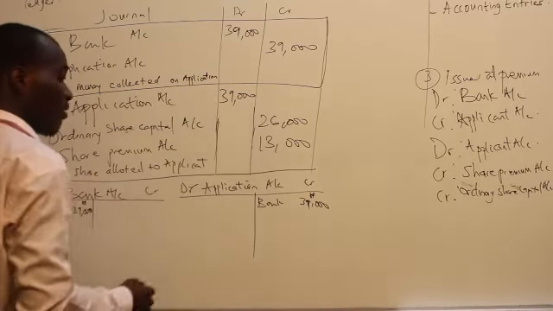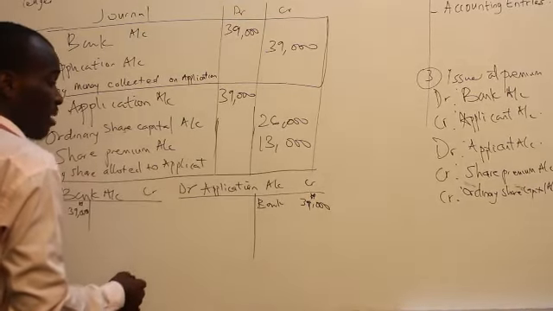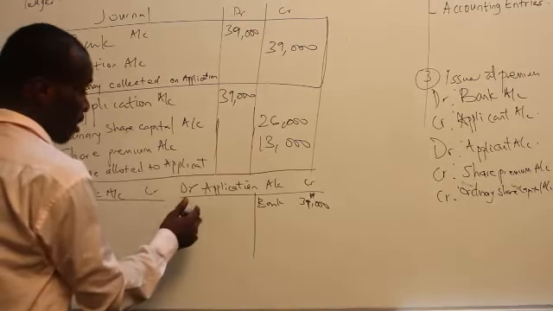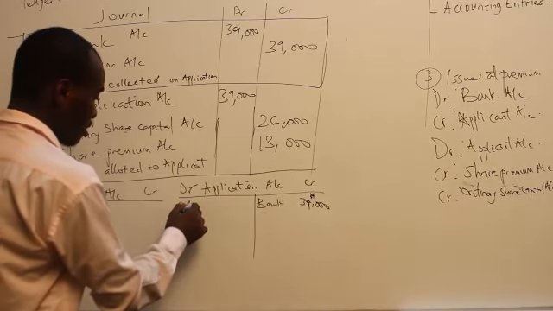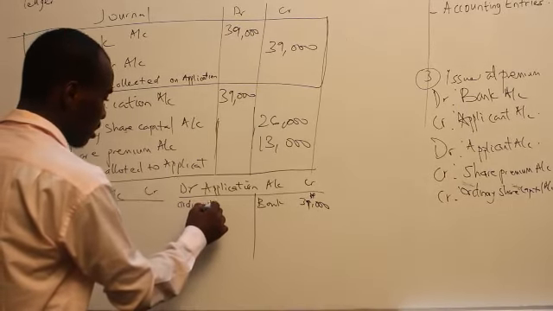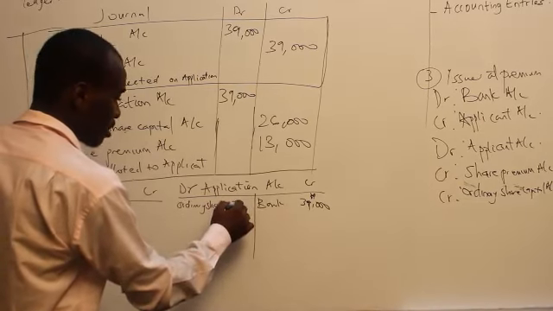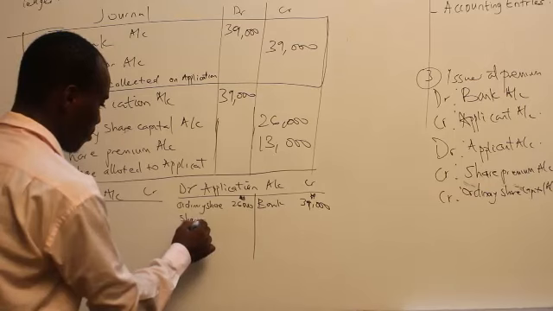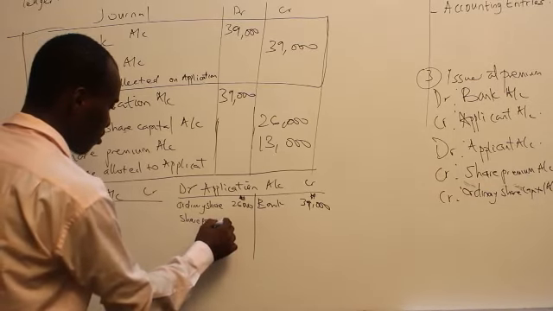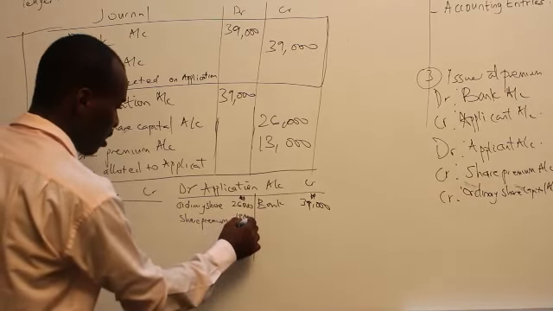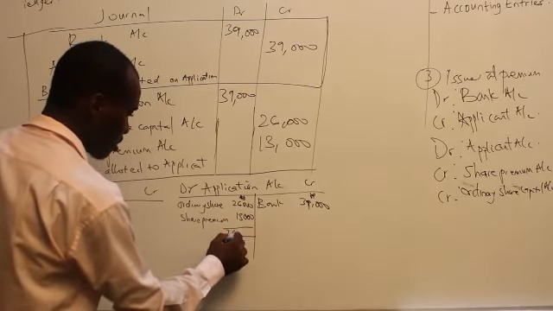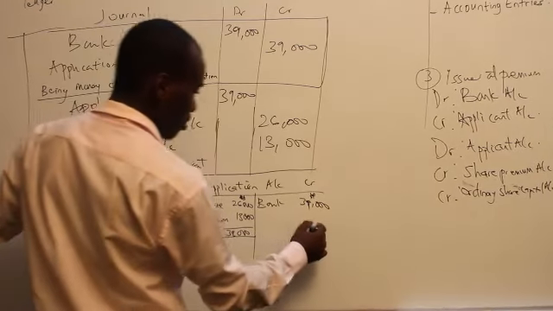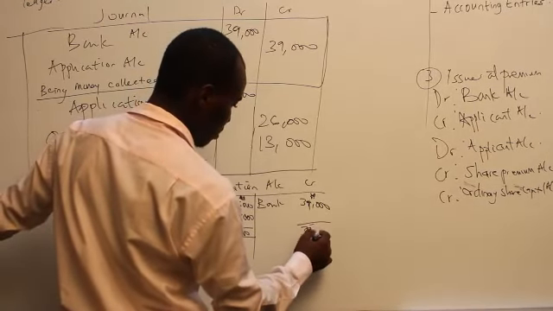And we credit ordinary share capital account when the shares are allotted, which is actually 26,000 naira. That does not balance it up, so share premium balances it up. Share premium is 13,000 naira. So you have a balanced account, with 39,000 on one side and 39,000 on the other.